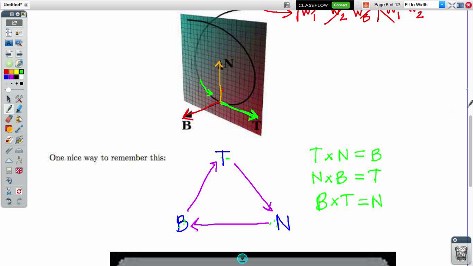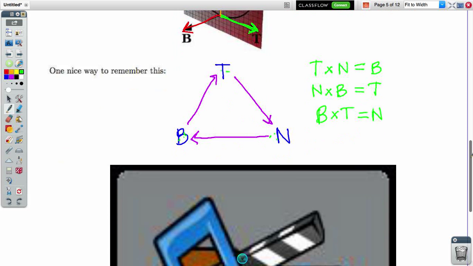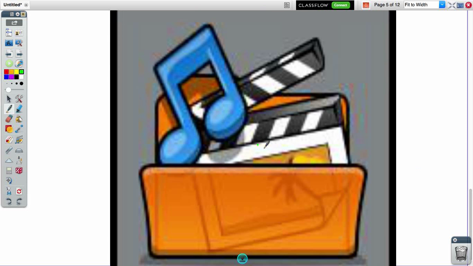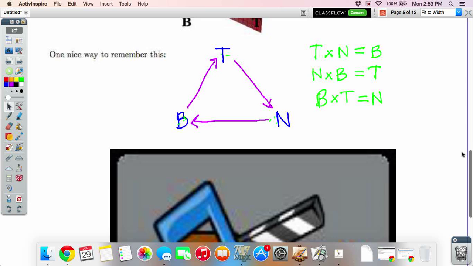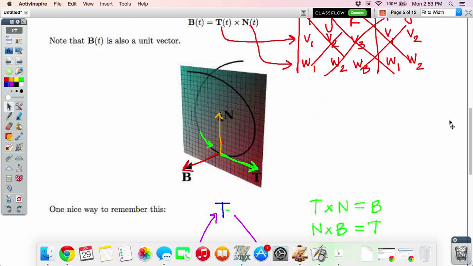Now, oh shoot, I guess this isn't going to show up. I thought this was going to show you a cool little animation of what these things look like, but I suppose I can't show it to you. But all you really need to know is that these three vectors fit together like this.